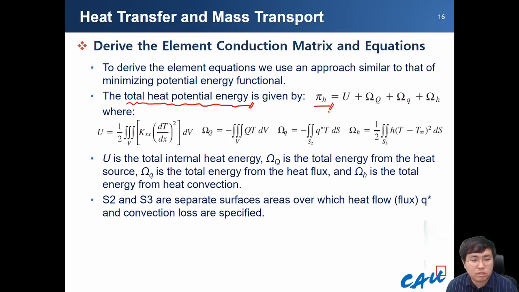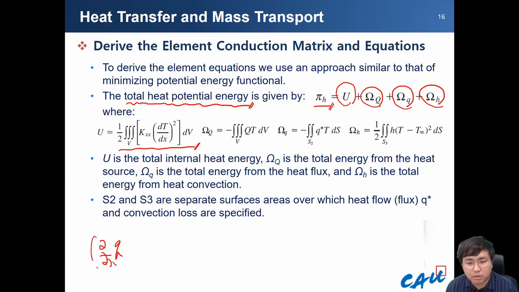The total energy can be determined from the internal energy, the heat source energy, the heat flux energy, and the convection energy. Similarly, internal energy can be expressed using the temperature gradient, one half of it, sorry, not second.